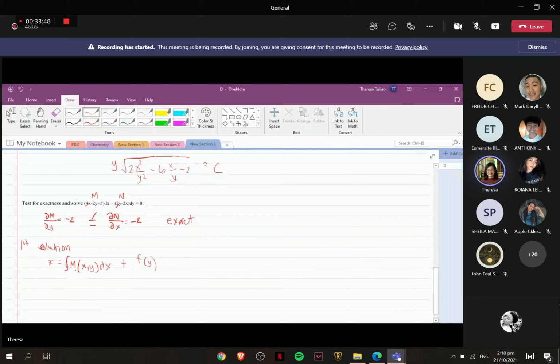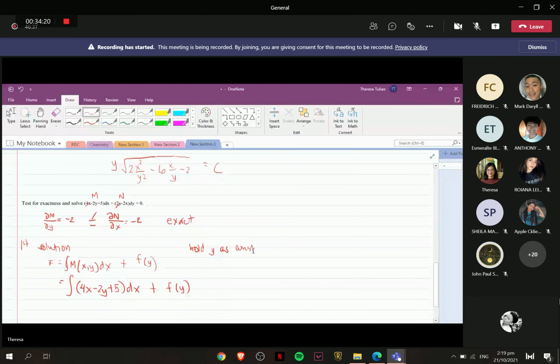Okay? So, kukunin natin ang integral ng M. And ang M natin ay alin? Sabi natin ito yung M natin. So, that is the integral of quantity 4x minus 2y plus 5 dx plus f of y. And then we are going to get the integral of this holding y as constant.